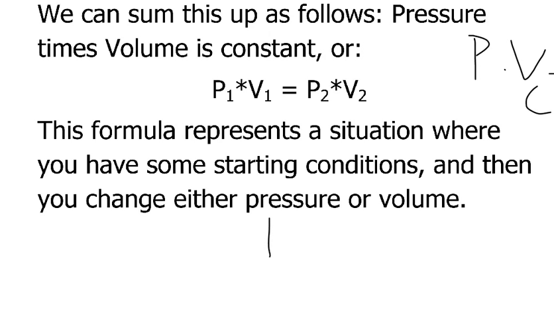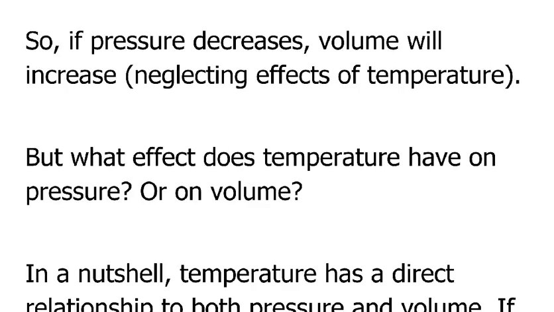Pressure goes down, and if you know what the pressure is, you can calculate the volume, which is going to go up. So to sum up, if the pressure decreases, the volume will increase. Now, you have to assume that temperature stays constant because temperature also has an effect. If you ignore the effects of temperature, then as pressure decreases, volume increases.